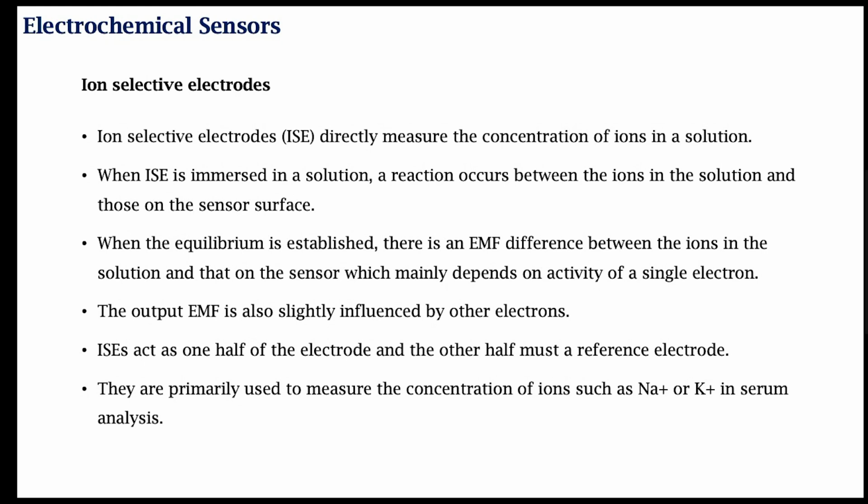These ion sensitive electrodes act as one half of the electrode pair, and the other half will be some reference electrode. In many cases, for example, we use a silver chloride electrode as a reference electrode. In some cases, we use a hydrogen electrode as a reference electrode.